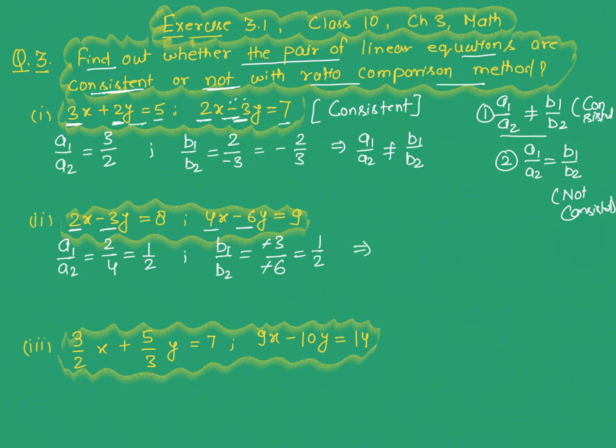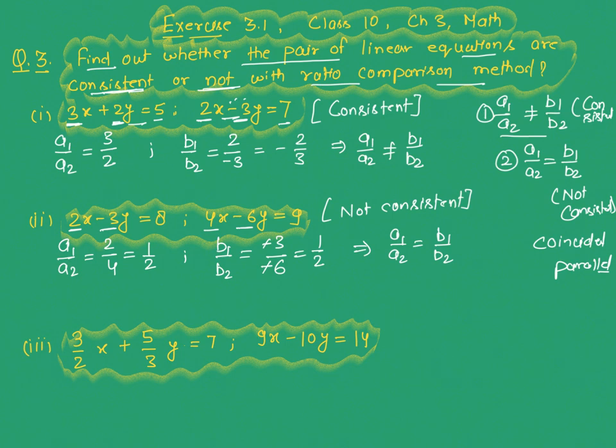So we do not need to find out C1 upon C2 because in the question they are only asking if it is consistent or not consistent. Even if it is coincidental or parallel, these are not going to be consistent, right? So here we can see A1 upon A2 equals B1 upon B2. So these two linear equations are not consistent.